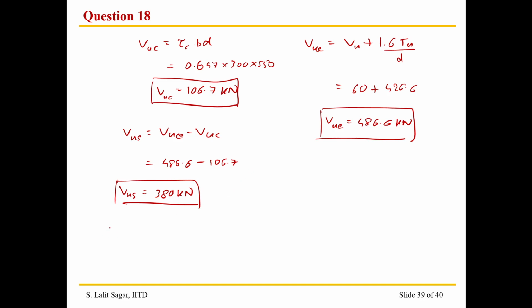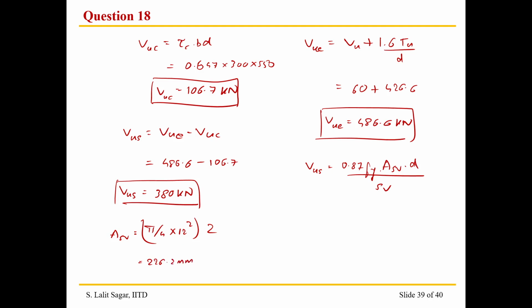Now VUS is equal to 0.87 fy ASV into D divided by SV. Now, what is the value of ASV? We are considering 12 stirrups because again the value of shear is very high. Pi by 4 into 12 square multiplied by 2 gives us a value of 226.2 mm square.